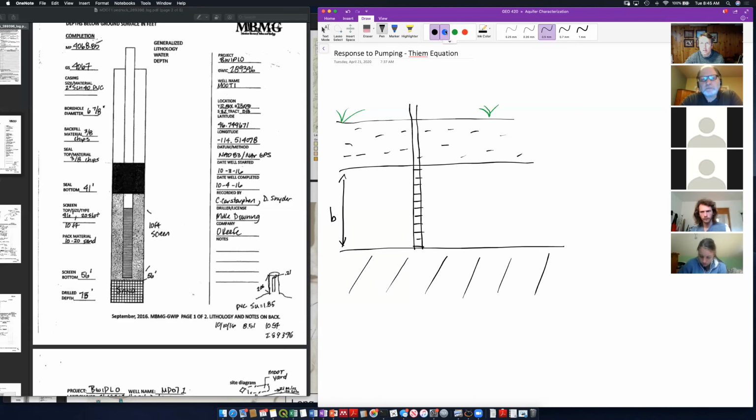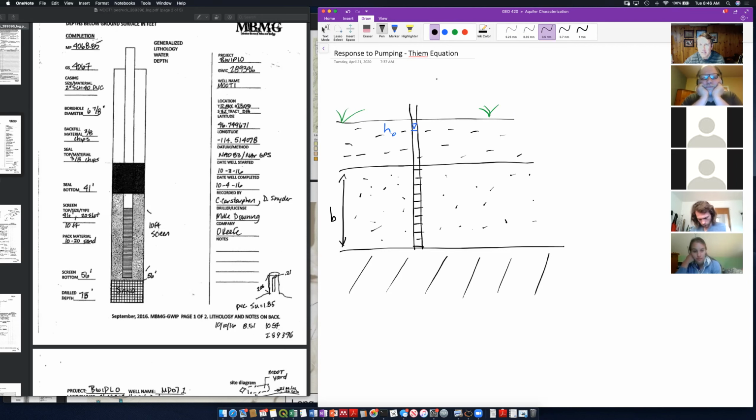All right, and the water level here in my unconfined aquifer starts out here. This is the head, H naught, before I start pumping. All right, it's above the confining layer, and I've got a fully saturated confined aquifer down here. All right, and I'm screened all the way across it.